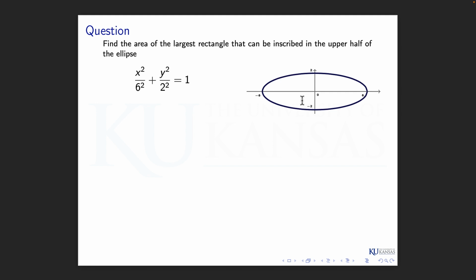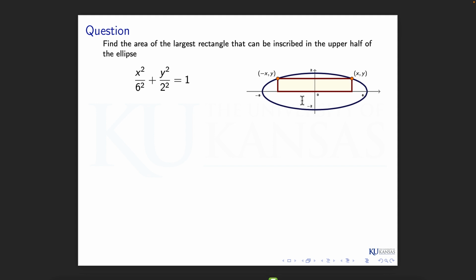Now, if I'm inscribing a rectangle, it will look something like this. There are 2 symmetric points on the oval, which are 2 vertices of the rectangle, and the other 2 vertices are going to be sitting on the x-axis like this.